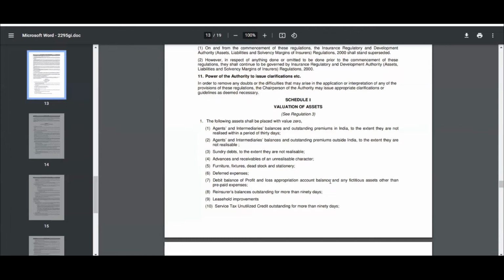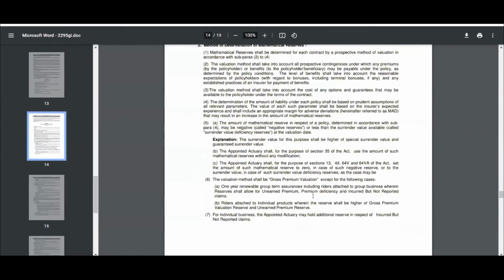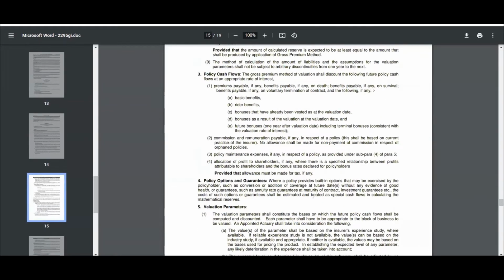If any money is flowing back from the profit and loss appropriation account, whose distribution is not finalized by the end of that year, into the profit and loss account, then that will contribute to the profit or loss, but it will not be treated as an asset. It would be given a value of 0. So that's the concept of the profit and loss appropriation account. And moving on to the linked business.